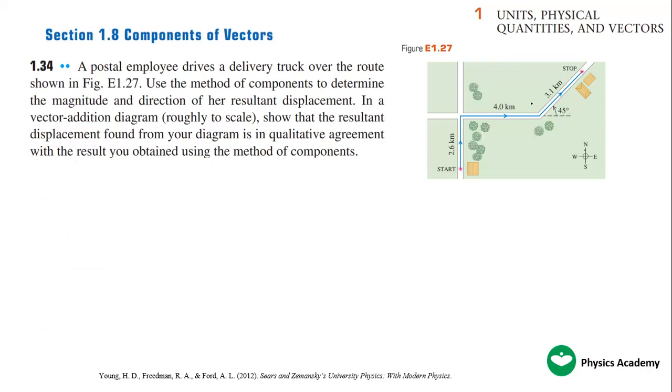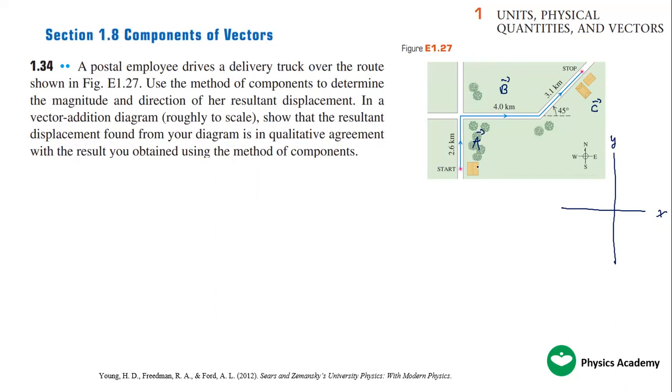Let's label this as vector A, this is our vector B, and this is our vector C. In a Cartesian coordinate system, this is our x, this is our y.